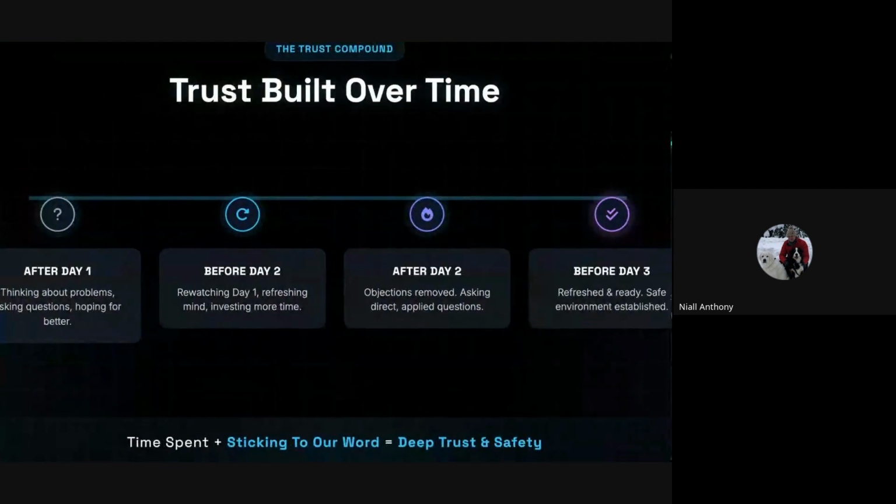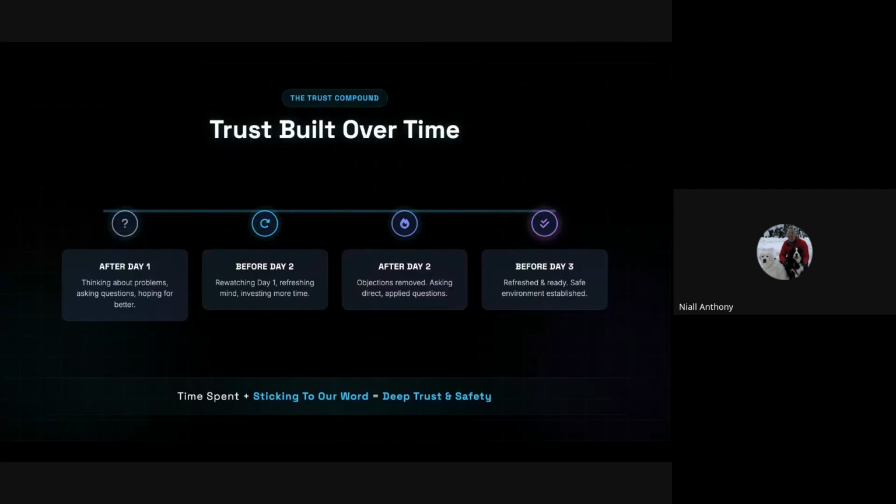Now, day 3. At this point, we have built a significant amount of trust and, of course, time spent with us. After day 1, they're thinking about their problems and they're hoping for a better tomorrow. They're asking questions. Before day 2, they're rewatching day 1, refreshing their mind on their problems to get ready for day 2.